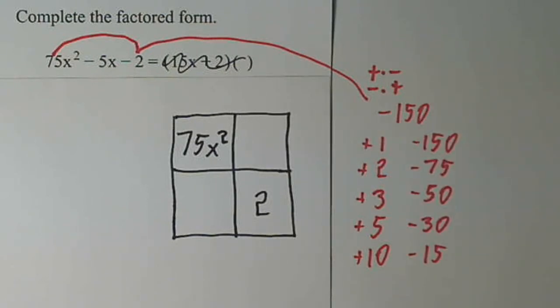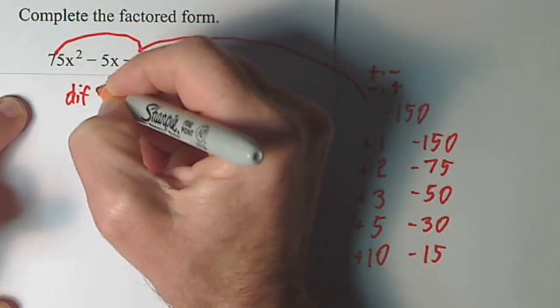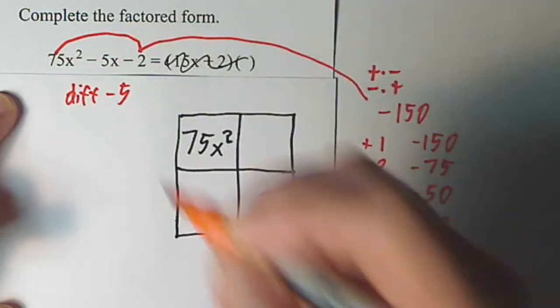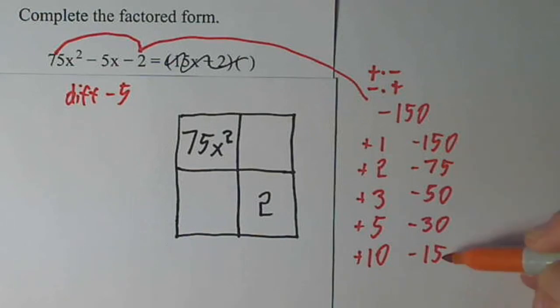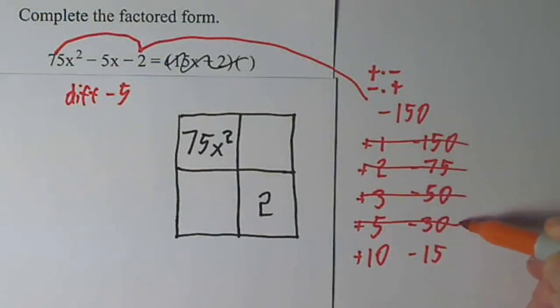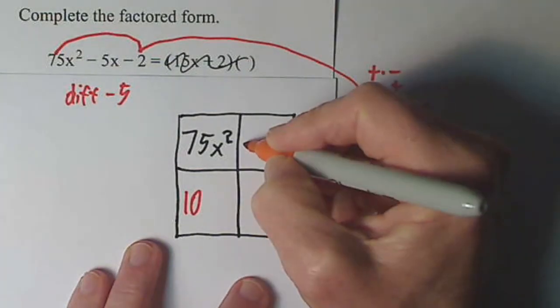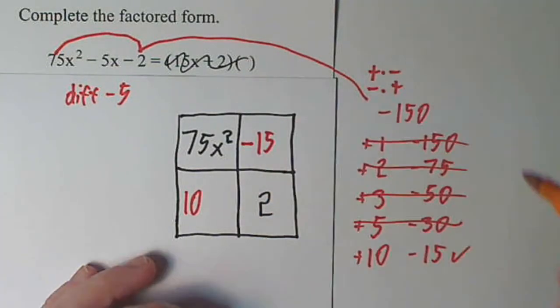Okay? So what will give me a difference of negative 5? You look down your list, this won't, this won't, this won't, this won't, this one will. So you simply put 10 in here and negative 15 in here.